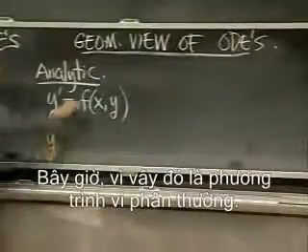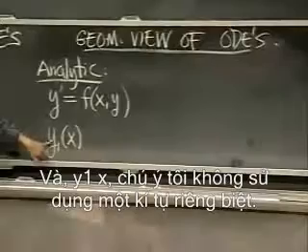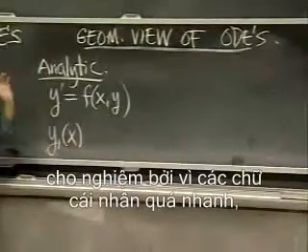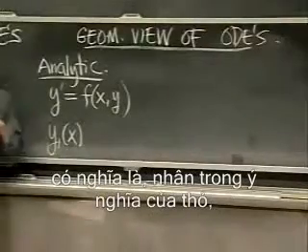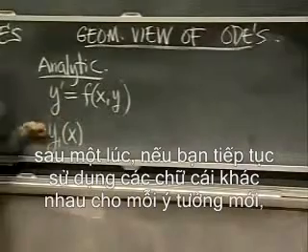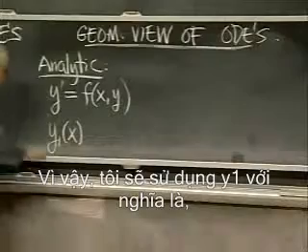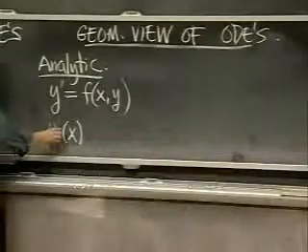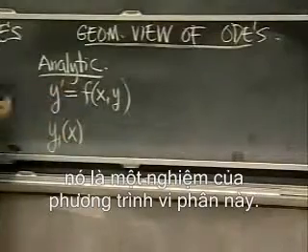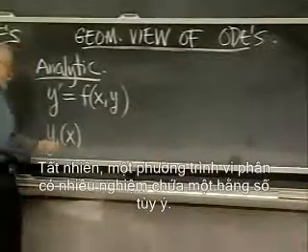Now, so there's the ODE. And y1 of x, notice I don't use a separate letter. I don't use g or h or something like that for the solution because the letters multiply so quickly, like rabbits, that after a while, if you keep using different letters for each new idea, you can't figure out what you're talking about. So I'll use y1 means it's a solution of this differential equation. Of course, the differential equation has many solutions containing an arbitrary constant.